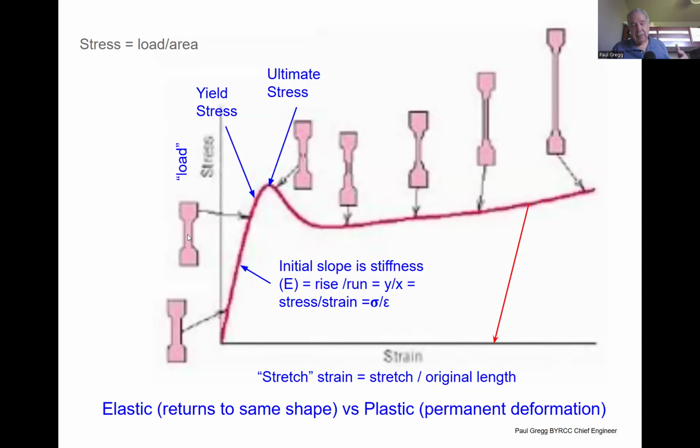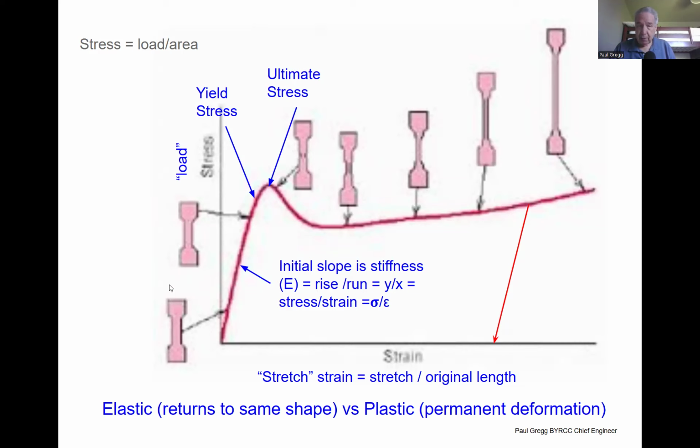So this is just a couple more pages here. This is, I guess, college level engineering, but you can understand it. When we characterize a material, we want to know how strong it is and how stiff it is. And so typically, for a tension test, which is the simplest kind of test, you're just pulling on it until it starts to yield, starts to stretch, and then it breaks at some point.